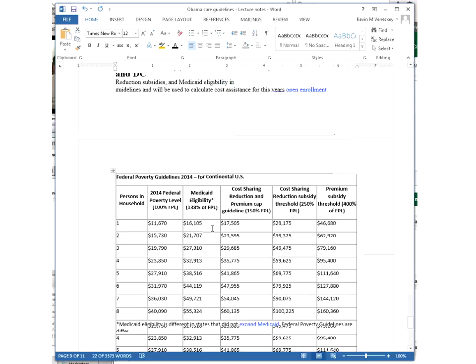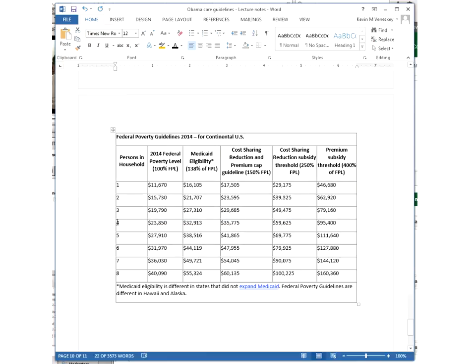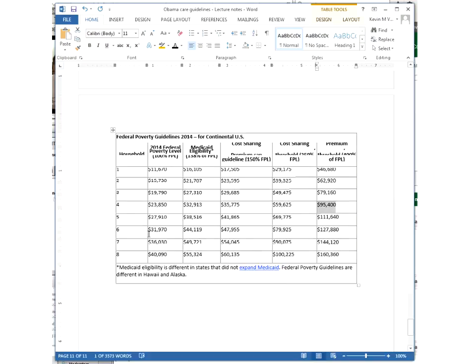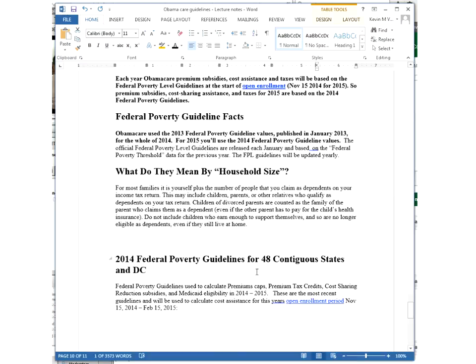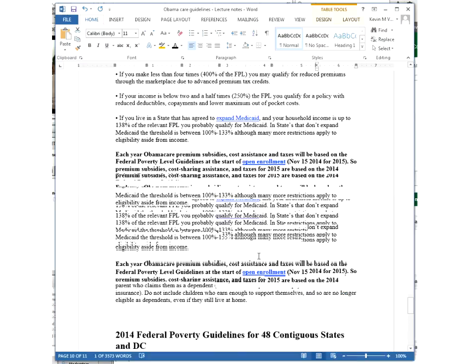And if we scroll down, I give you some of the poverty lines, depending on, say you have 4 people in your household. If you have less than $95,000 of income for that whole household, then you would be eligible for some assistance in getting the marketplace premiums paid. So you can look through. I think that chart was kind of nice to know.